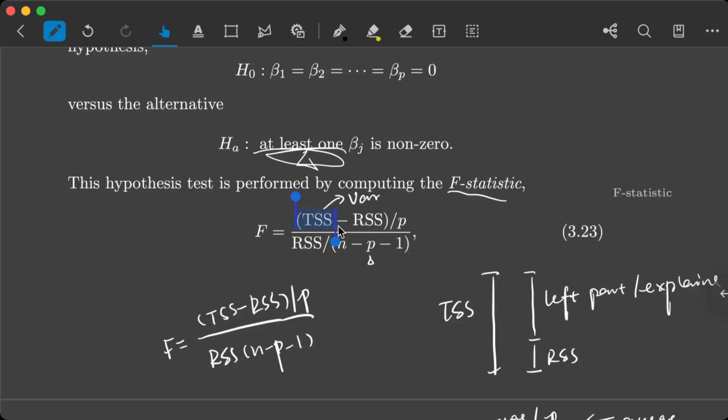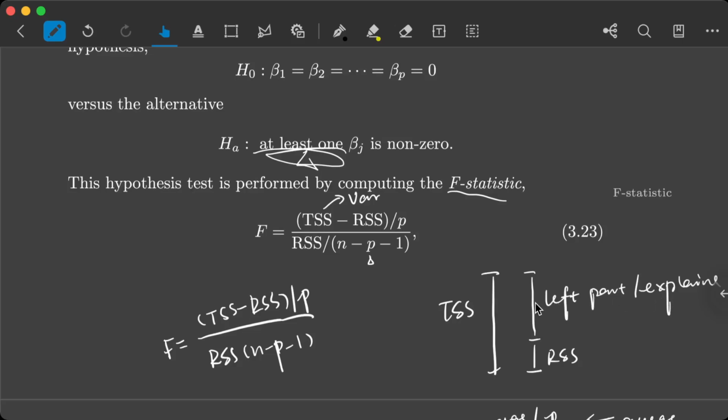If we have a look at the numerator, if we use TSS minus the residual sum of squares, we have the left part. The residual sum of squares is the part we cannot explain, and TSS is the total variance.